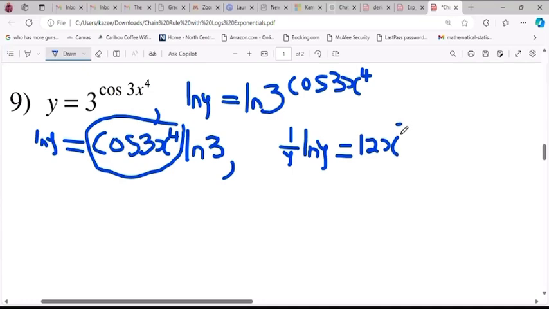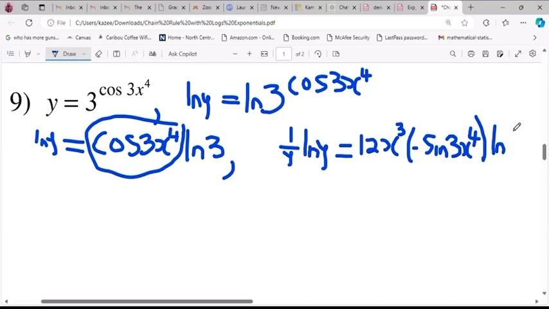Now, when you differentiate cos, what does that give you? Cos is going to give a negative sign. So I'm actually going to have negative sine of 3x raised to the power 4. And finally, I'm actually going to put ln 3.